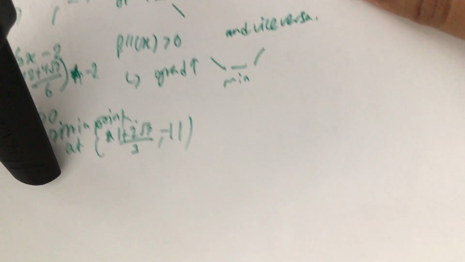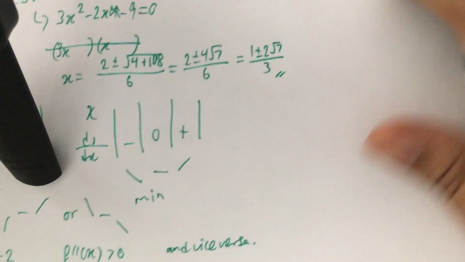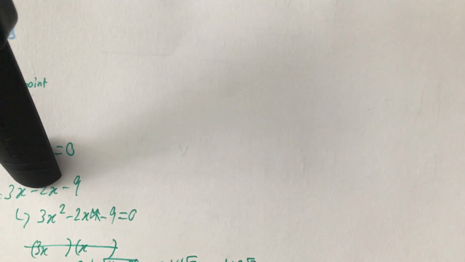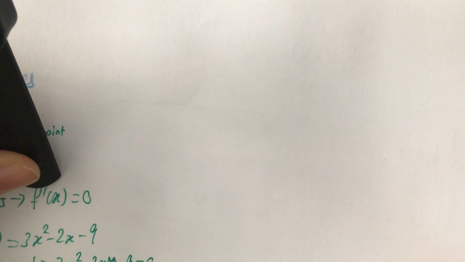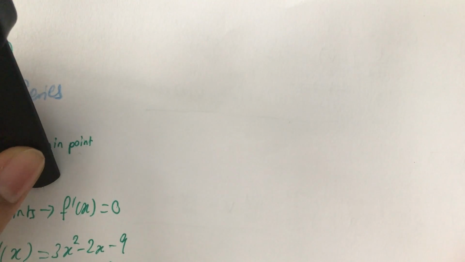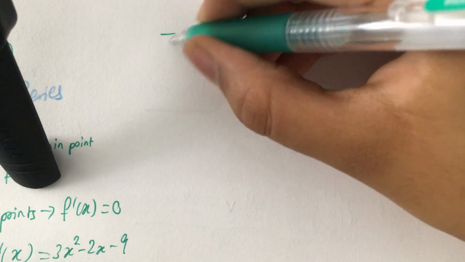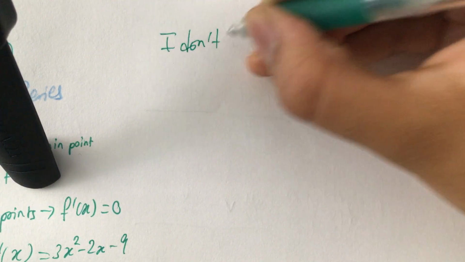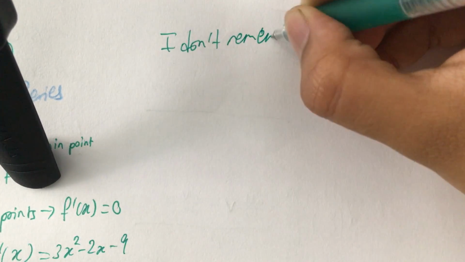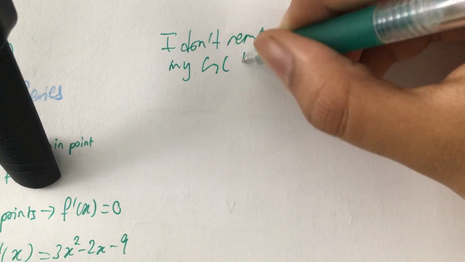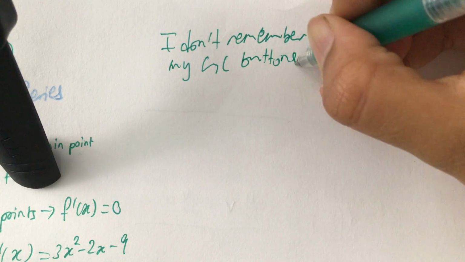So, using a GC to do differentiation. That sounds perfect, right? You don't need to write anything. You just type some stuff in the GC and get your answer. But I'm not particularly fond of using GCs, because my GC was quite old and it almost died before my exam.